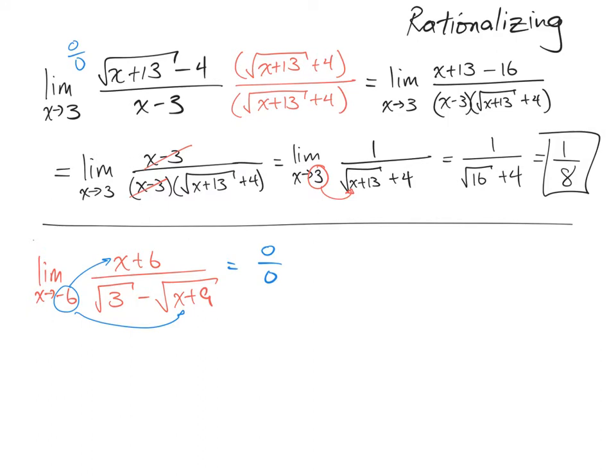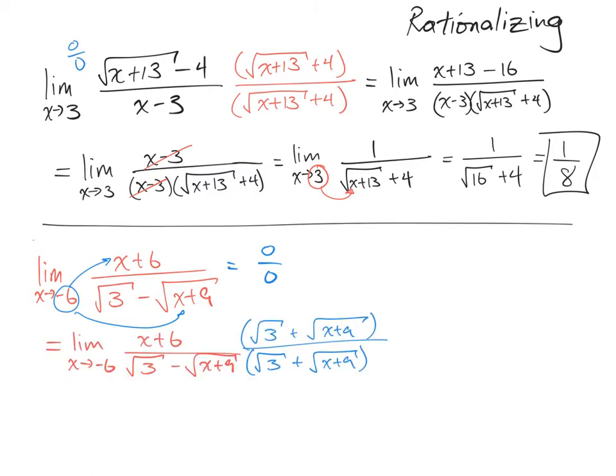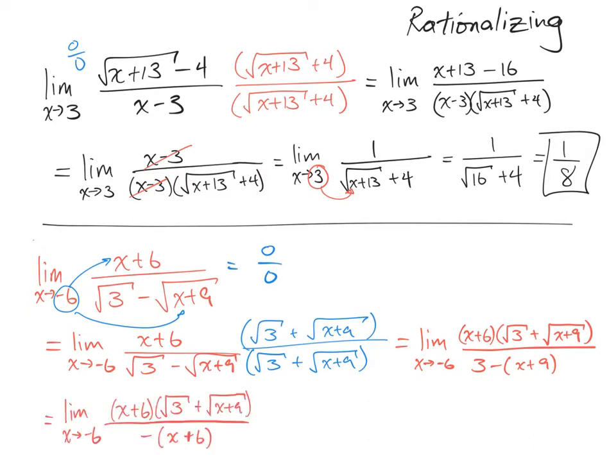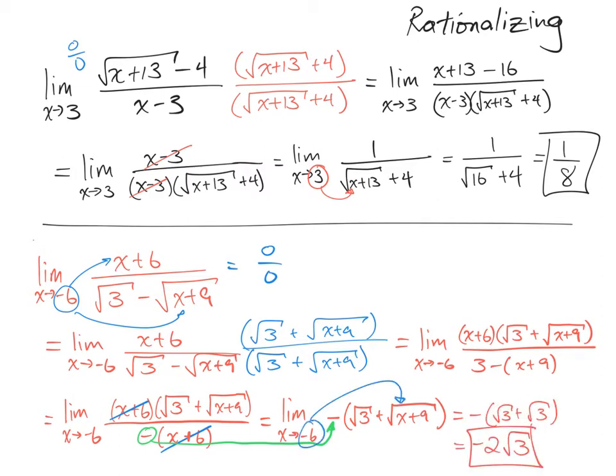And so I will slowly reveal steps as to what that looks like. So here's the final answer, -2 times the square root of 3.